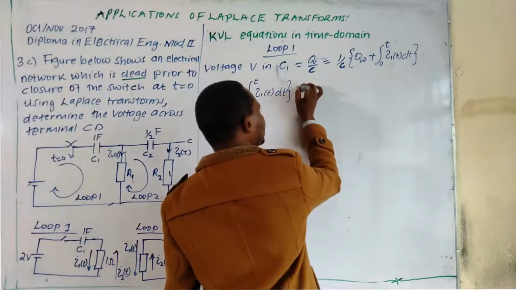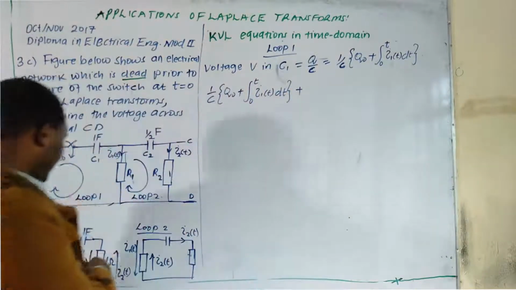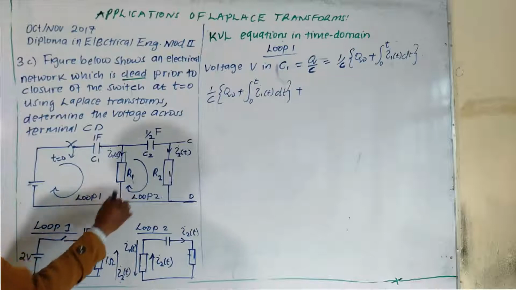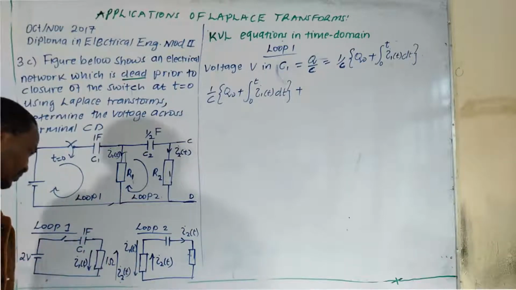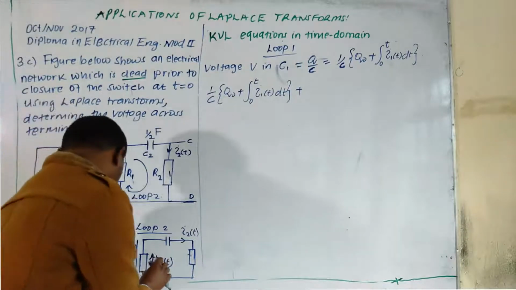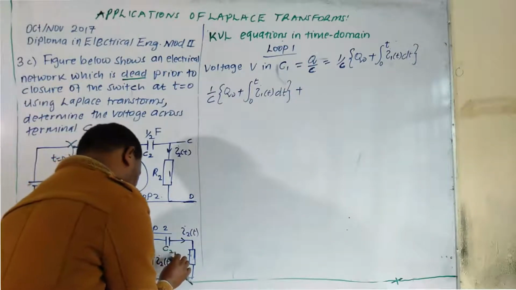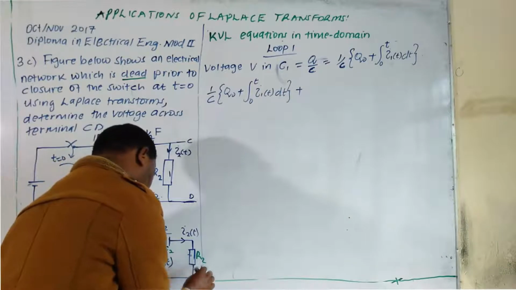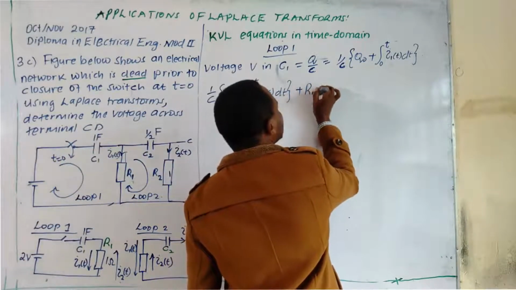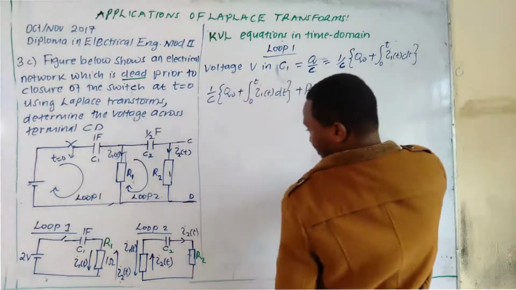Plus, you see here we have this resistor. It's R1, this R1, this is C2, this is R2. See where you have R1, we have two currents.